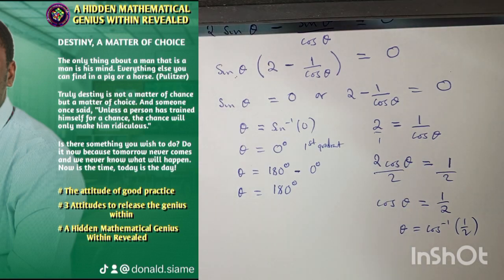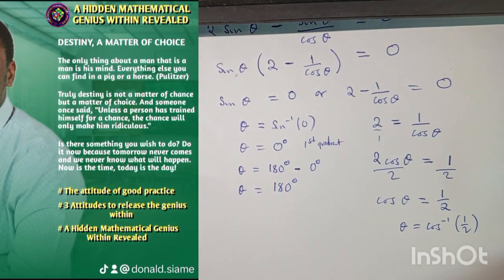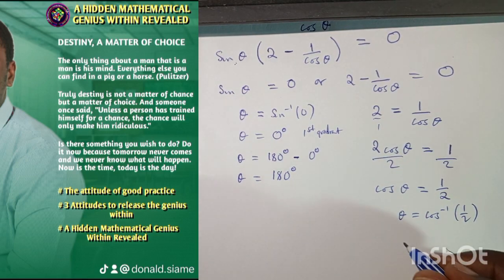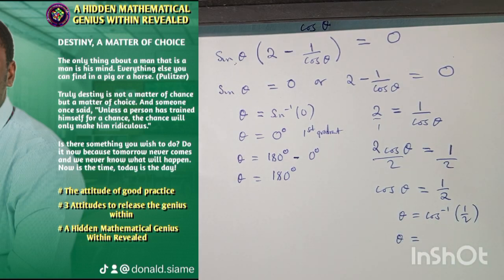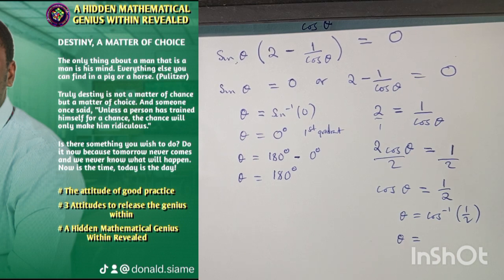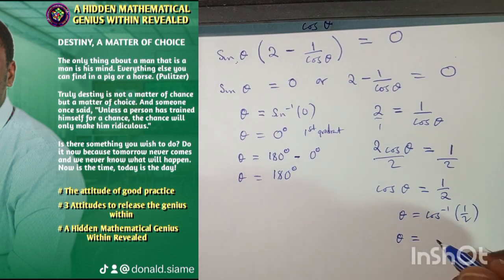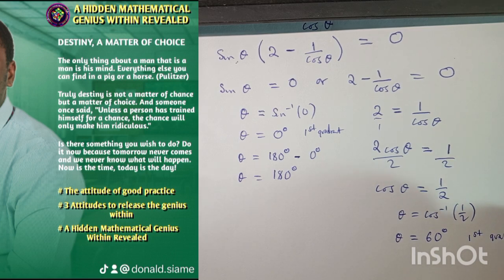Cos is positive in the first quadrant and fourth quadrant. In the first quadrant, what is cos inverse of half? Yes, we get 60 degrees. So this is the value in the first quadrant.